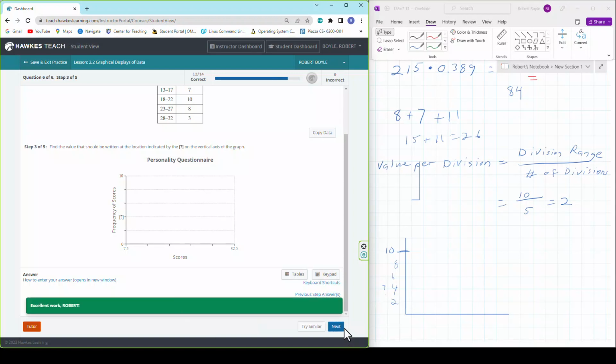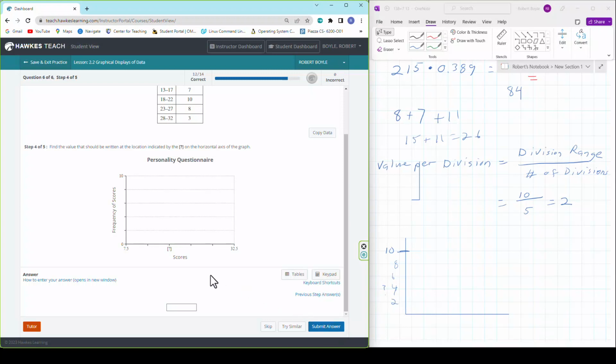Now for the next one, we need to deal with the x-axis. The approach is still the same. It's the value per division. Now notice here, the division range is 32.5 minus 7.5, which is 25.